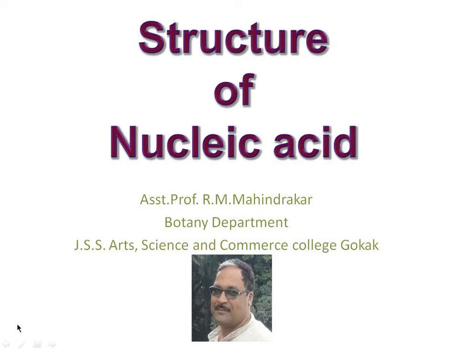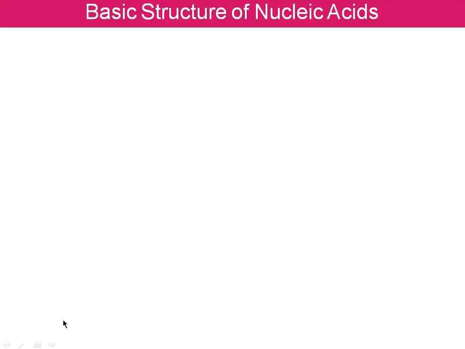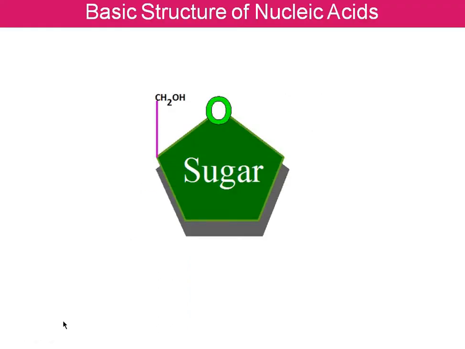Now, these nucleic acids are made up of basically three components, namely sugar. It is a pentose sugar having formula C5H10O5 in case of ribose sugar, and in case of deoxyribose sugar it is C5H10O4.